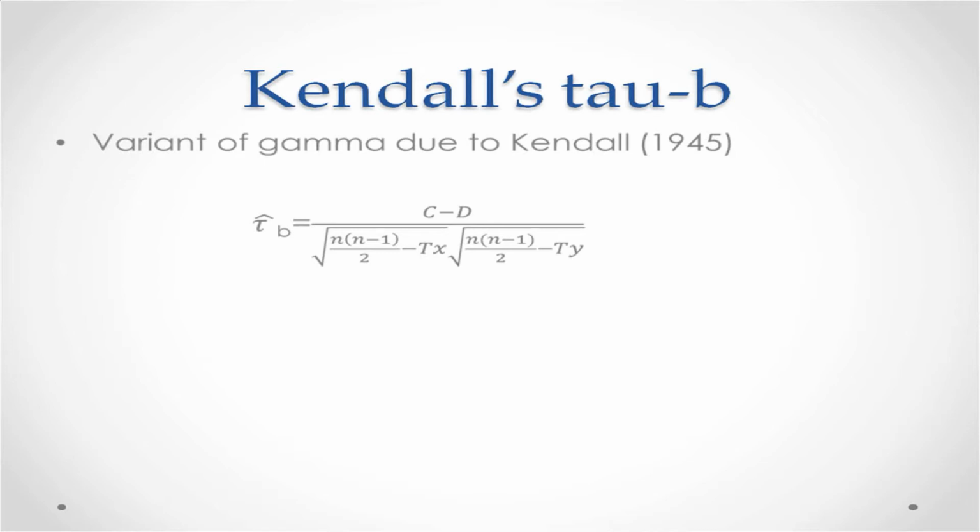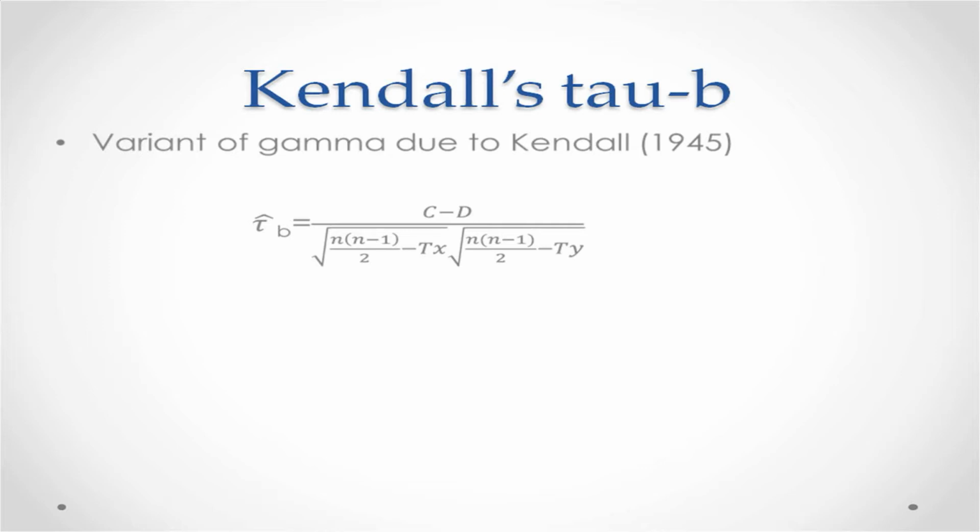In previous modules, we have looked at two summary measures of association for ordinal data. These were the gamma measure and Somers' D. In this module, we shall look at another variant of the gamma which was proposed by Kendall.